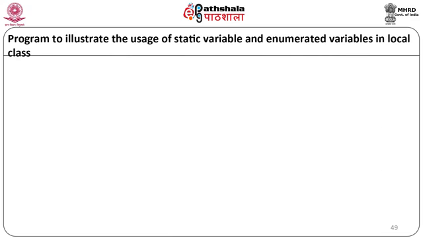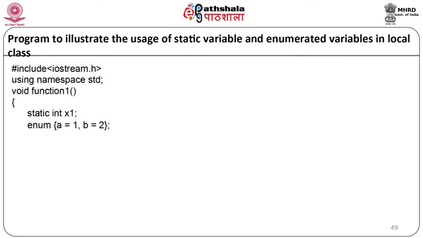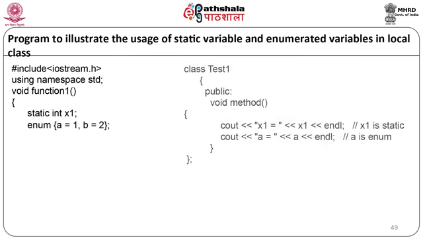Now, let us see a program to see the usage of static variable and enumerated variable in a local class. #include iostream using namespace std. We will start with a function void function1, opening braces. Inside this we will declare our static member as static integer x1. We will declare the enum variable as enum a equal to 1, b equal to 2. Then we will start with the class definition class test1.